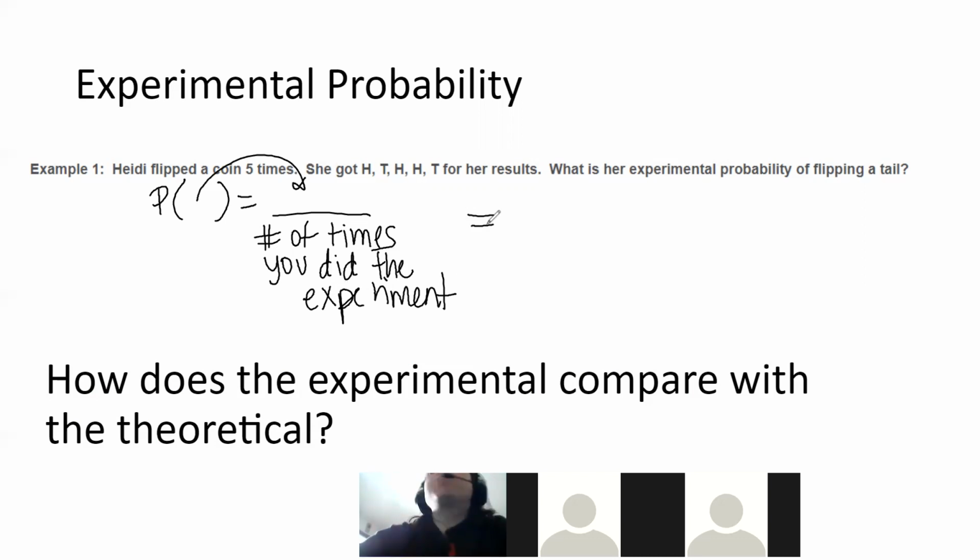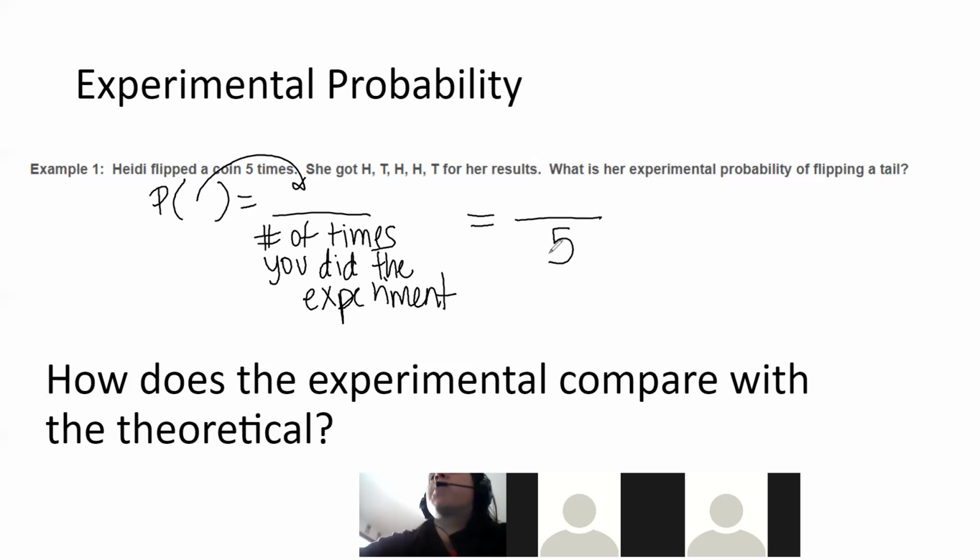Okay, so Heidi flipped a coin 5 times. Where is that 5 going to go in my fraction for probability? Is it going to go on the top or the bottom? Bottom, yeah, that's the number of times, the denominator, that she did that experiment. She got HT, heads or tails for her results.